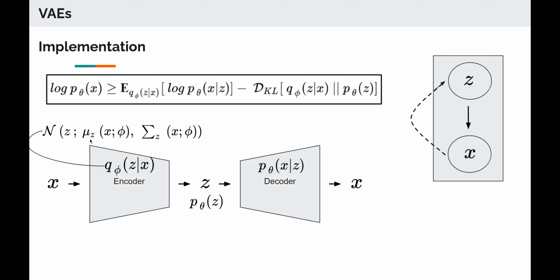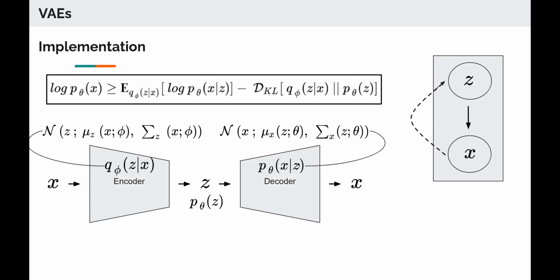This is modeled by a neural network, which gets as input x's and has parameters phi. And another neural network is going to output the covariance matrix based on an input x and parameters phi. And these together will define this conditional distribution in the latent space.